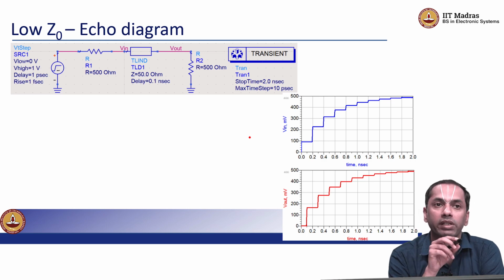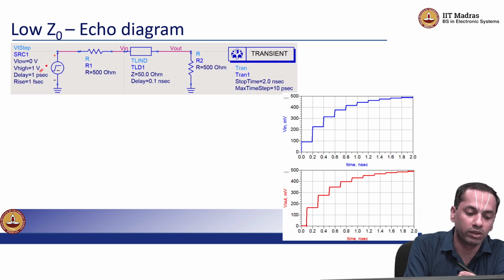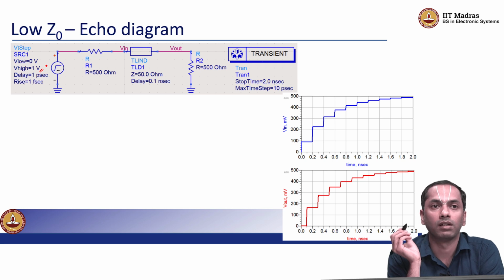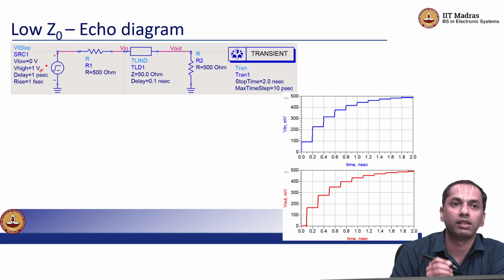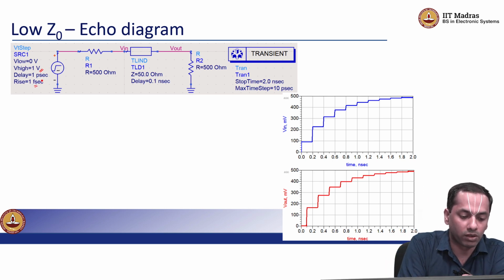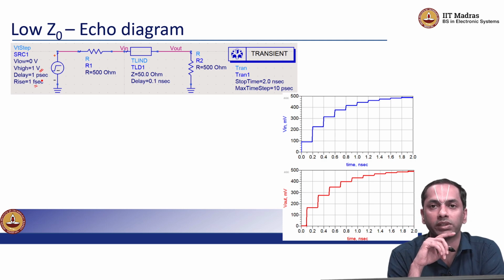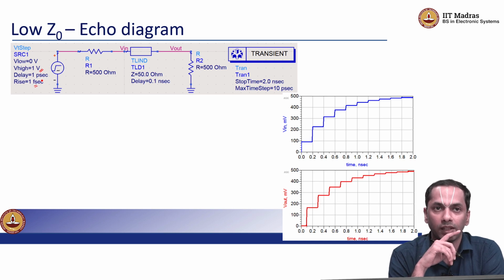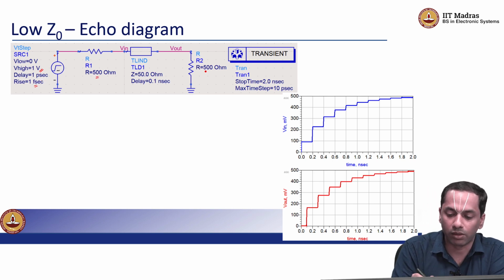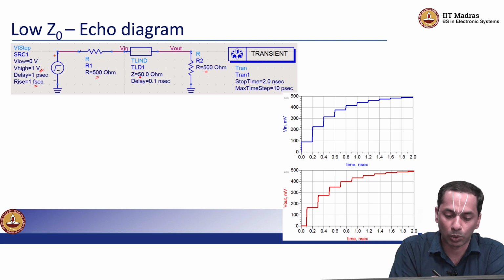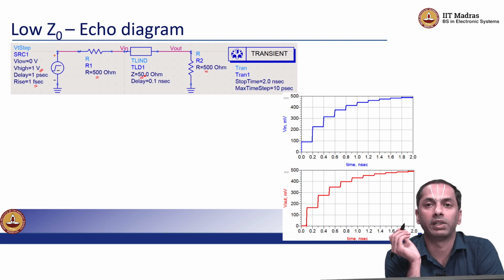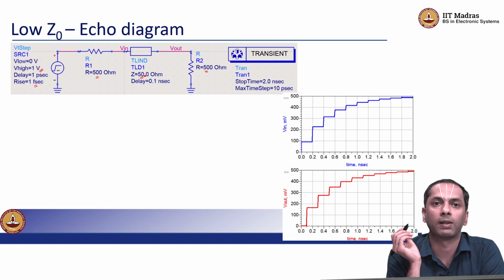I have a step voltage of 1 volt with a very short rise time, almost instantaneous for all practical purposes, 1 femtosecond, that is 10 to the minus 15 seconds. I have a source resistance of 500 ohms and a load resistance of 500 ohms, which is about 10 times the characteristic impedance of the transmission line, and the delay of this transmission line is about 0.1 nanosecond.